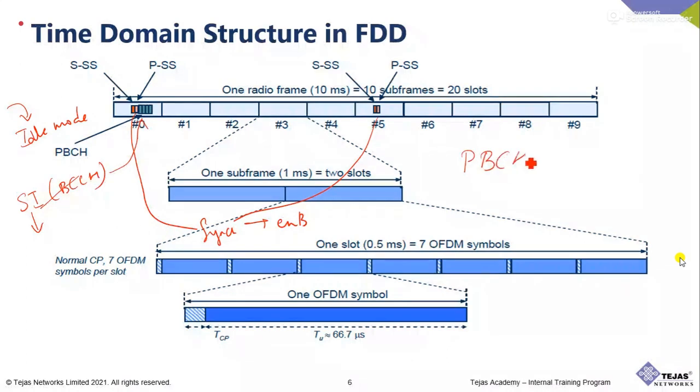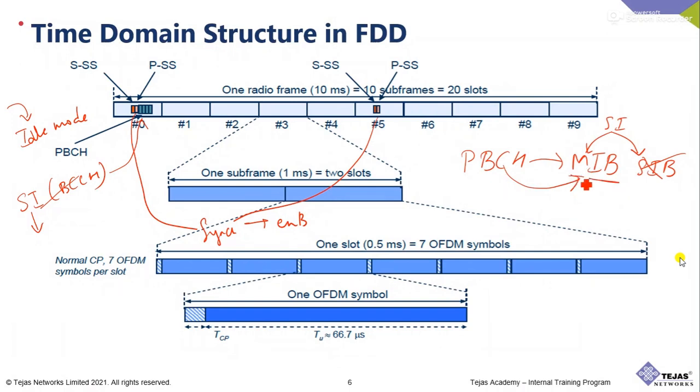But PBCH will not give you all the broadcast information. It will give something called MIB. Because the system information in LTE is divided into 2 categories: one is called MIB, one is called SIB. SIB, we don't get in PBCH. Only MIB gets into PBCH.